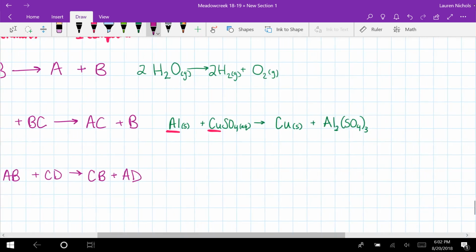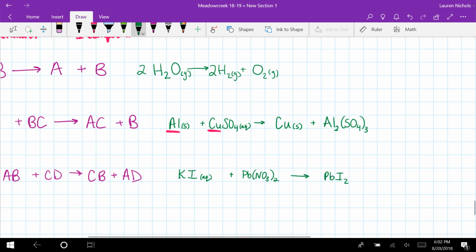An example of this, off of the top of my head, is that potassium iodide reaction. So if we have potassium iodide, which was aqueous, plus, oh, and this reaction up here was not balanced, sorry about that, plus the lead nitrate, it produces lead iodide, which is a solid, plus potassium nitrate, which is aqueous still.